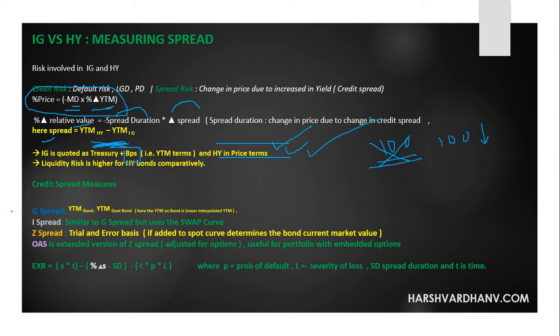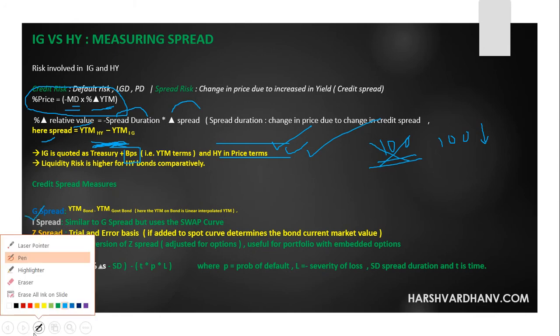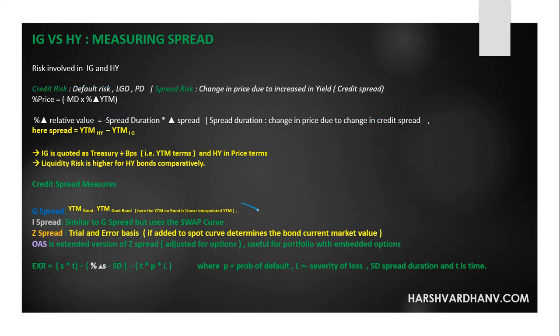So what are the credit spreads that we know? We have been doing this ever since we started CFA, so nothing great over here. Let's cover it simply. G spread is basically the spread of the bond over the government bond, indicating the corporate risk. I spread is similar to the G spread but uses the swap curve. Why? Because the swap curve has more tenor points.